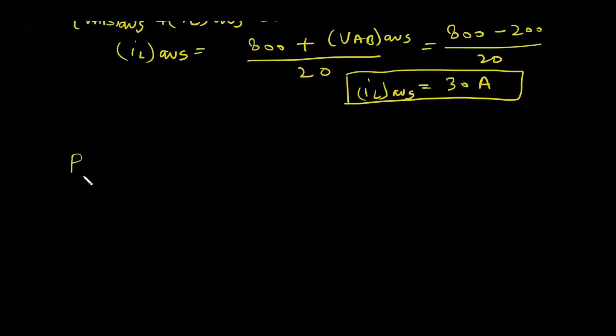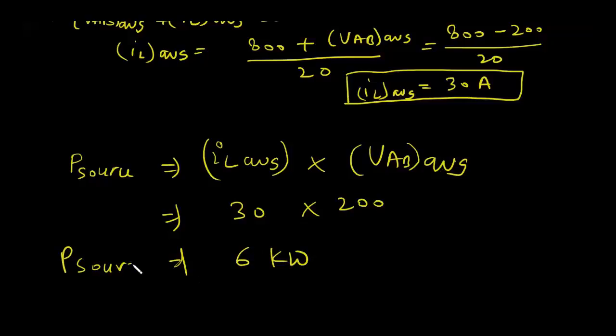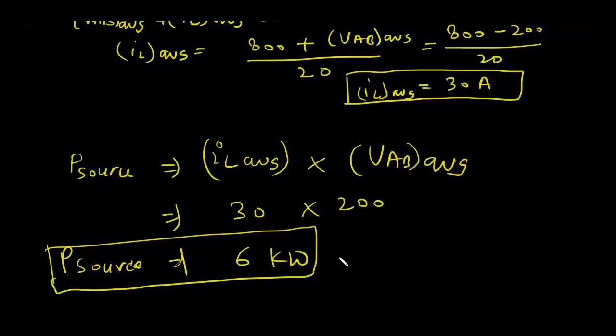So the average power fed back to the source is IL average into VAB average. IL average is 30 amp and VAB average is 200 volt, which will be equal to 6 kilowatt. This is the answer for this question.